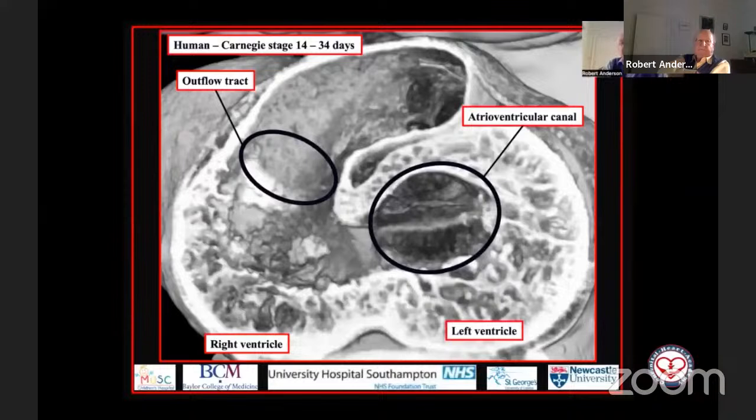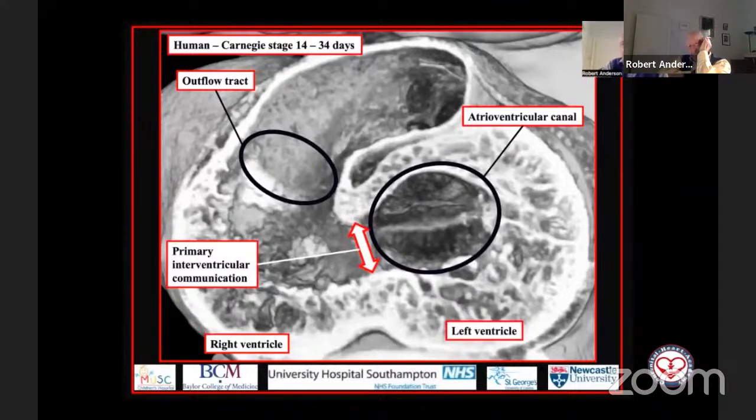So this is our starting point for understanding deficient ventricular septation, because at this stage, the communication between the developing left ventricle and the developing right ventricle is the primary interventricular communication. And all the blood that is entering the heart at this stage has to pass through this communication so as to reach the outflow tract.